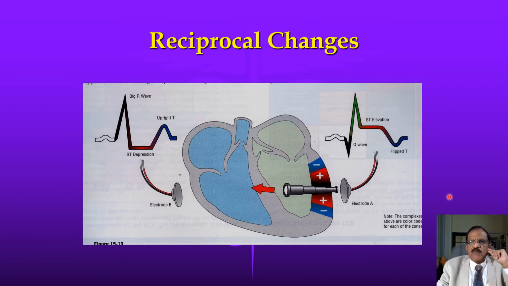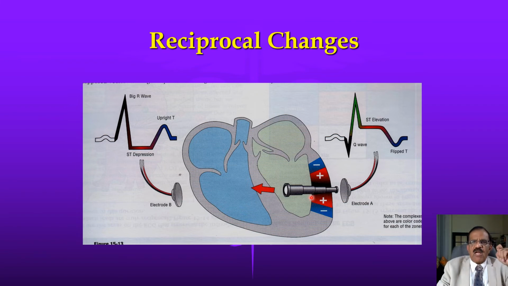Now, just to explain the concept of reciprocal changes, I have taken this picture. Now, this is the area of infarction. It is producing current of injury, and any electrode just on the top of this marked infarction would record it as an upward deflection, this ST segment elevation.